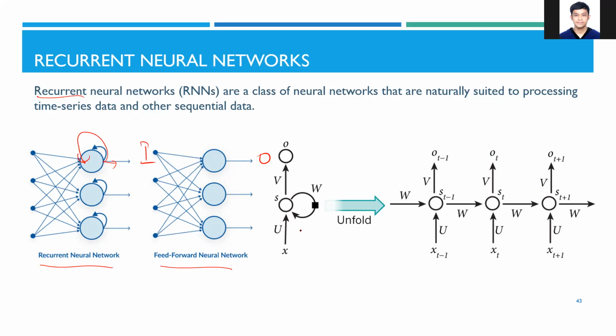So for example, this is folded, and if we unfold this, let's say this is time series data. The t is the time, t minus 1. If we have t minus 1 data and process it using the network, then we get the output, which is the predicted value of t minus 1.